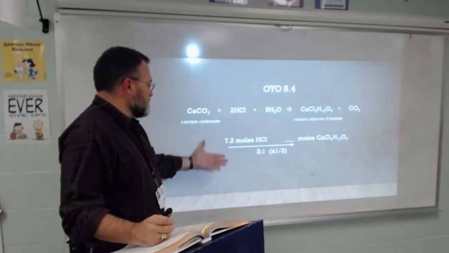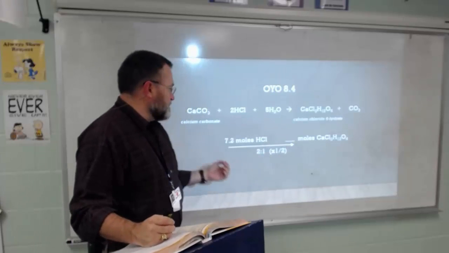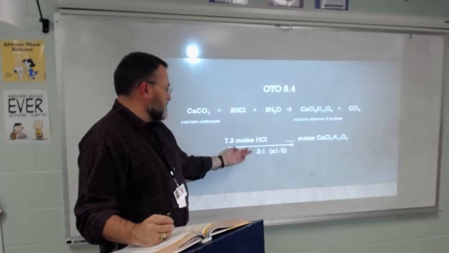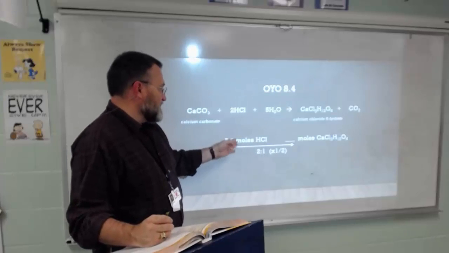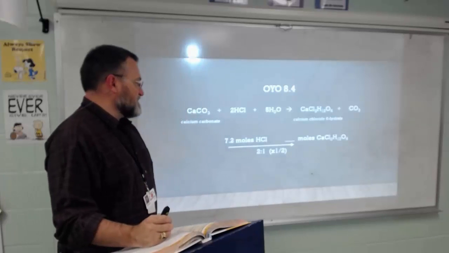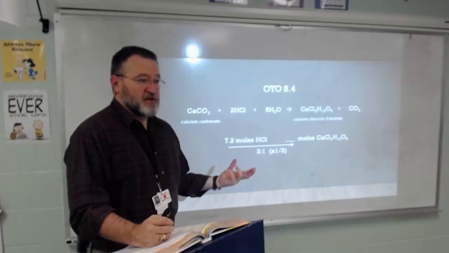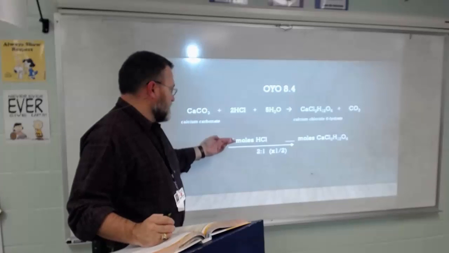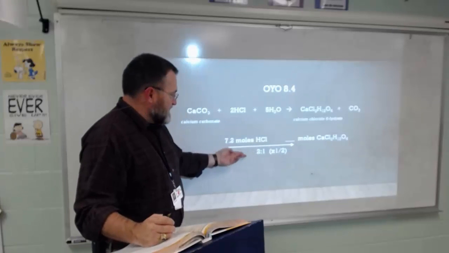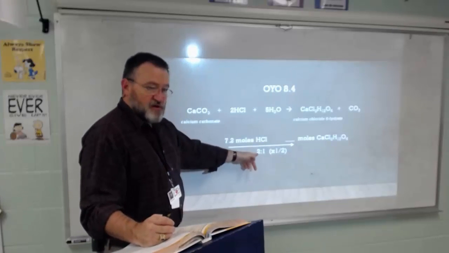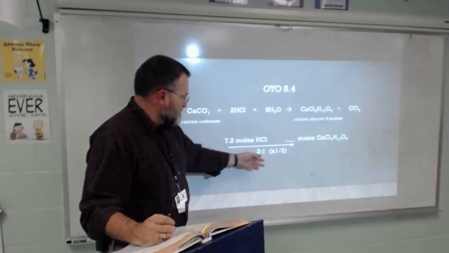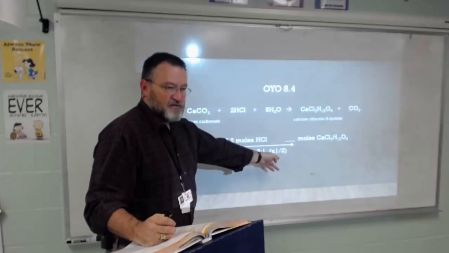And so as we move from our known to our unknown, we know that the mole ratio is 2 to 1 in terms of hydrochloric acid to calcium chloride 6 hydrate. But our multiple in this case, since we're moving from this to this, our technique, we come across, hit the first number, it gets driven to the bottom, so our multiple is 1/2.